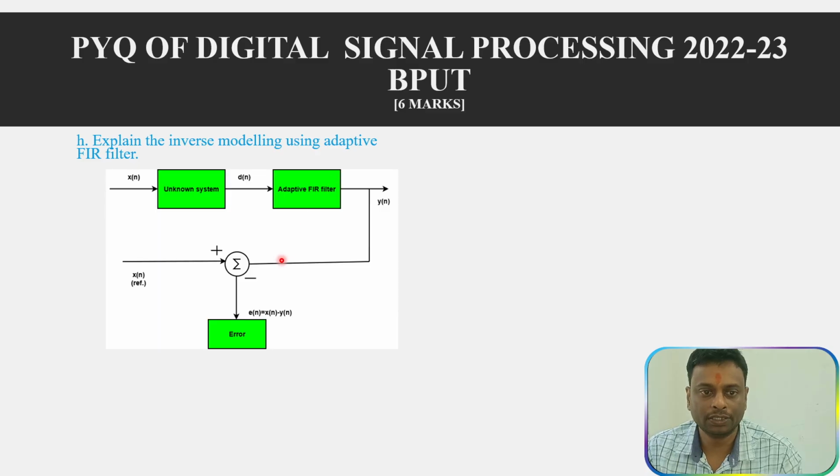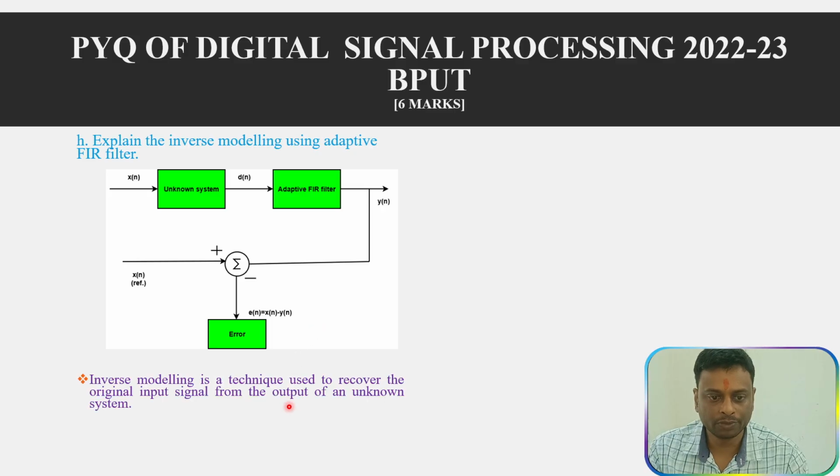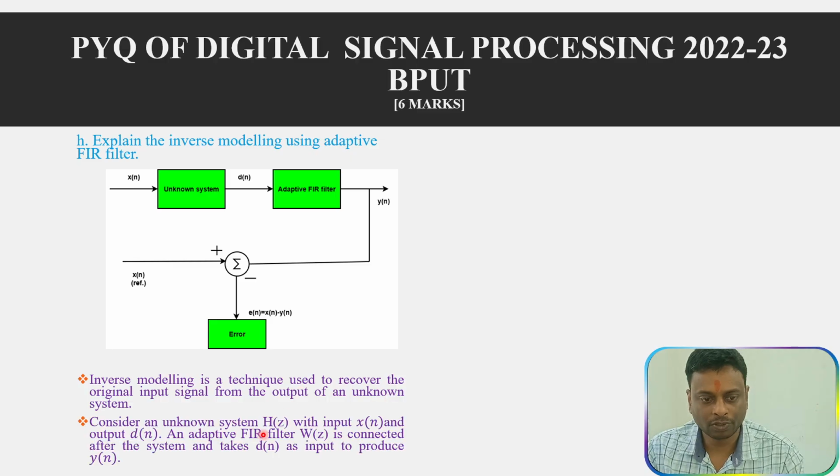So this is the block diagram of an adaptive filter. In this case, inverse modeling is a technique used to recover the original input signal from the output of an unknown system. So this is our inverse modeling. Consider an unknown system whose transfer function is H of z.